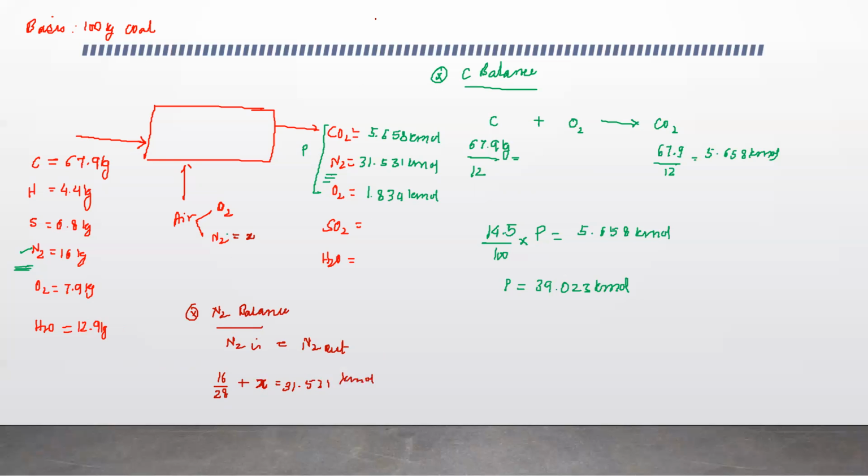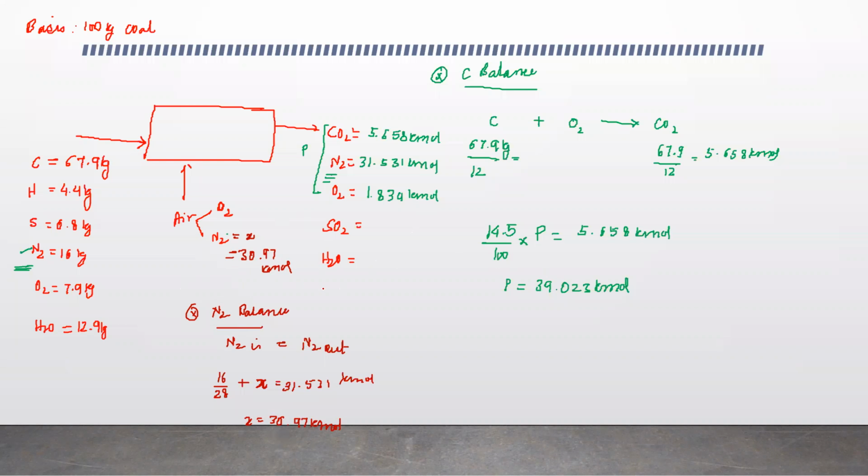All right, so from here we'll get X as 30.97 kilomoles. All right, this is what we have got for nitrogen.